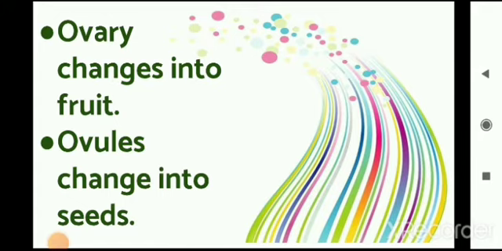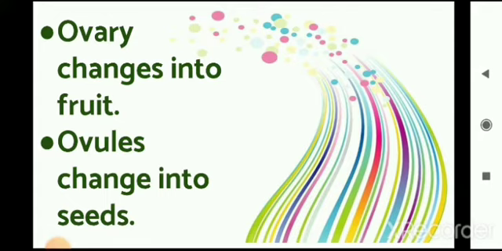And after fertilization, first point that you have learned is that petals, sepals and stamens become dry and fall off. Right. And after this, the ovaries gradually swell up and become fleshy to form a fruit.